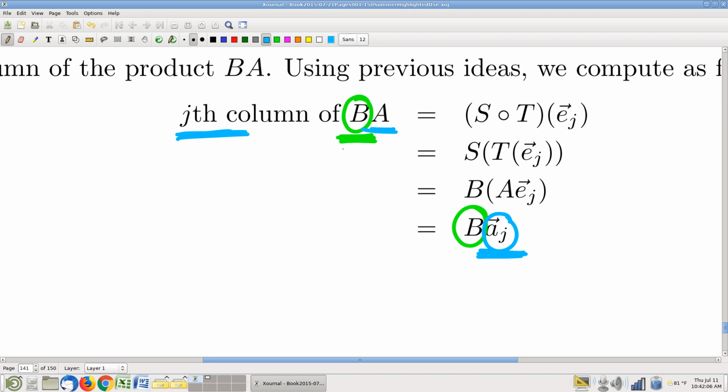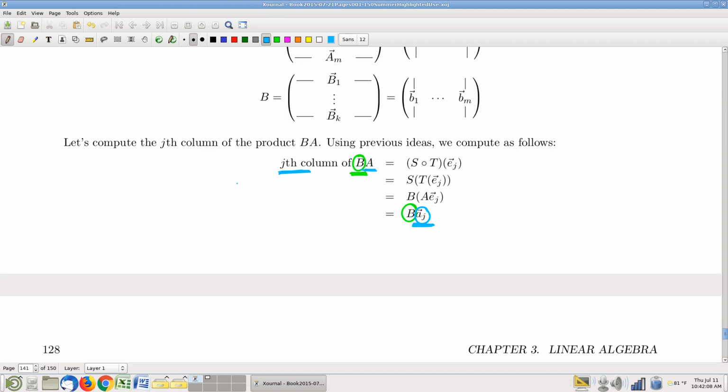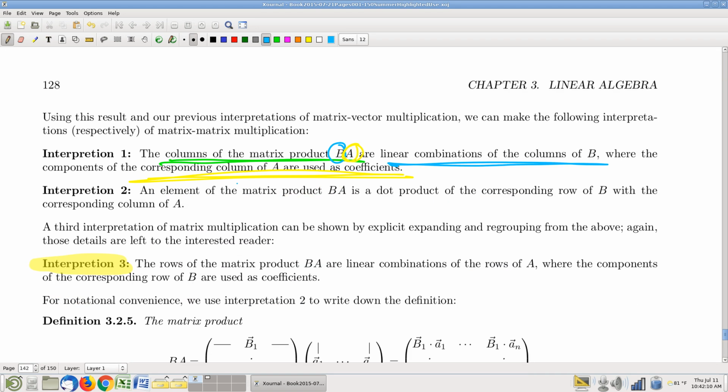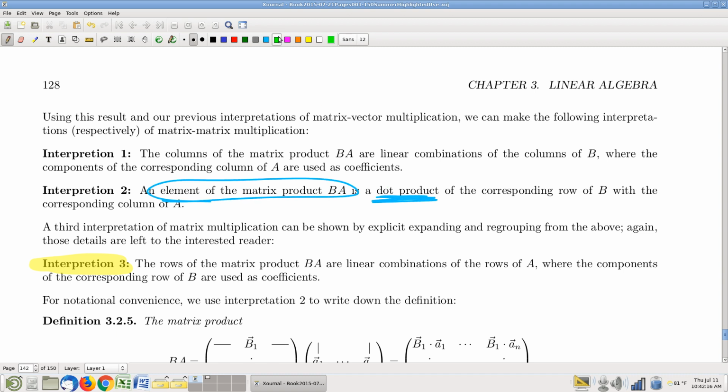And so again, this is the formula that you probably saw in high school for matrix multiplication. Here it is. An element of the matrix product is a dot product of the corresponding row of the left matrix and the corresponding column of the right matrix.